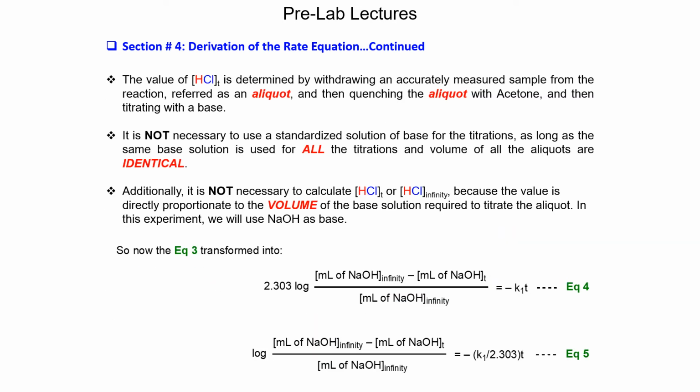What we are trying to determine here is the concentration of tert-butyl chloride. The concentration of hydrogen chloride is determined by monitoring any of the reactants participating in the reaction, in our case, all the things we add to the stock solution.